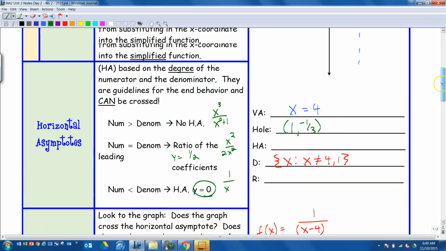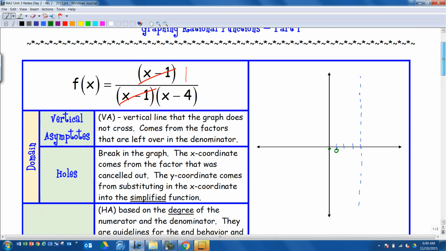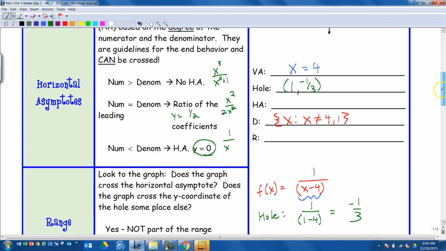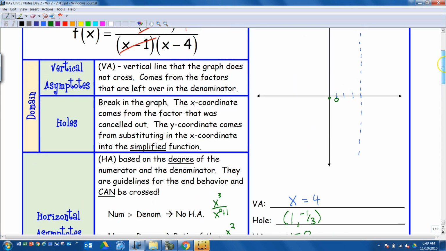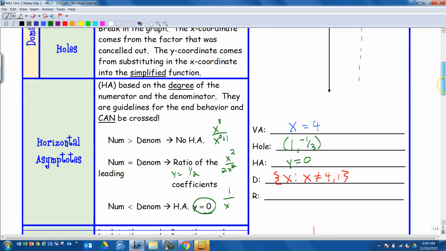So if we look at our example, you can look at either the unsimplified or the simplified. There's 1x on top, but if you multiply the bottom out, there's 2 of them. Or if you look here, there's none and then 1. So if it's greater on the bottom, it's automatically y equals 0. So I'm going to just write that the horizontal asymptote is y equals 0. And what that means is that at the ends of the graph, that's what the graph's approaching.